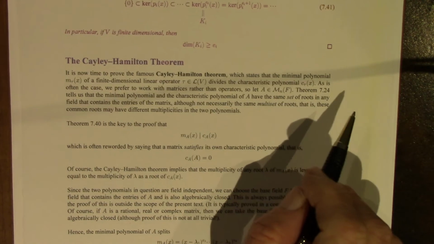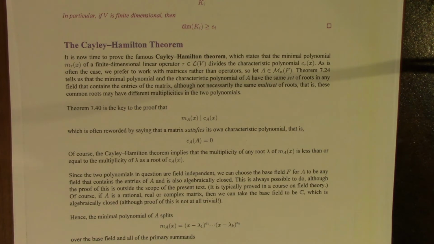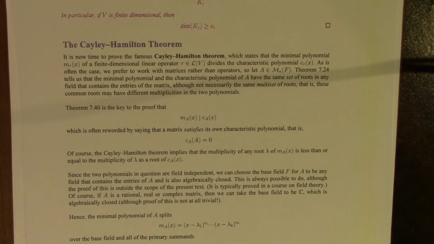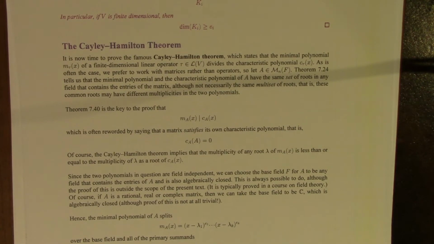Theorem 7.24 tells us that the minimal polynomial and the characteristic polynomial of A have the same set of roots, in any field, actually, that contains the entries of the matrix, although they don't necessarily have the same multiset of roots. In other words, the multiplicities of the roots are not necessarily the same in the two polynomials.